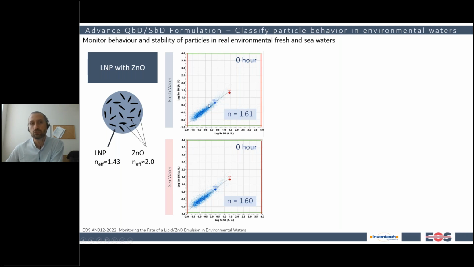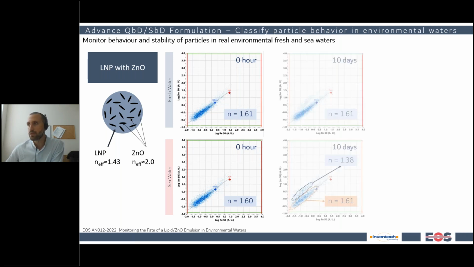Then we can move the analysis to the behavior. We can incubate the system in controlled situations and look at how the particles behave over time. After 10 days, as you can see, the particles in fresh water are more or less the same. The same happens for particles in medical water as well as for particles in peat bog water, considering different samples.